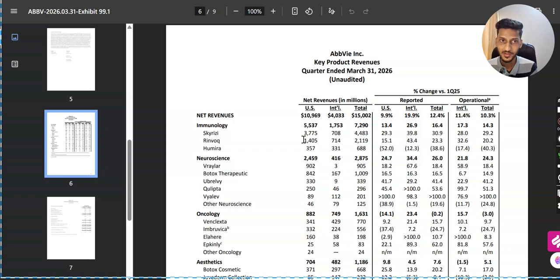One is that they help you understand the market share of a competitor, right? Because you know this competitor is earning this much, and if you know what is your universe size, essentially you could take the ratio and find out what is the percentage share of this competitor in the market. And the second thing is that, let's say qualitatively or by assumption or through your primary research, by talking to different KOLs or conducting surveys, you found out that, let's say, AbbVie has a market share of 70 to 80% in the immunology space.